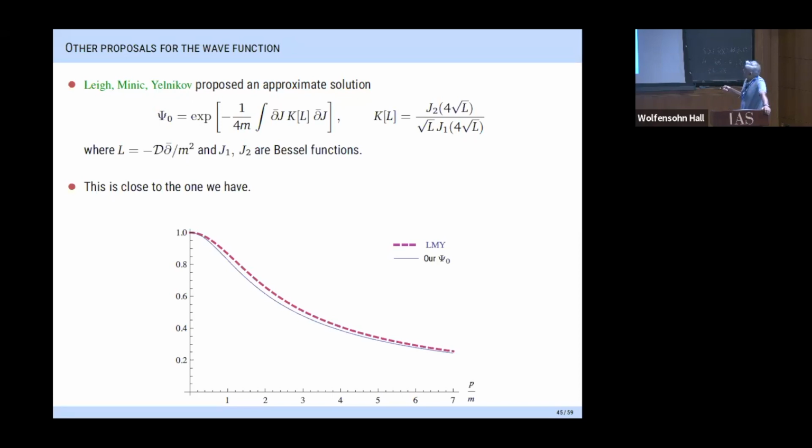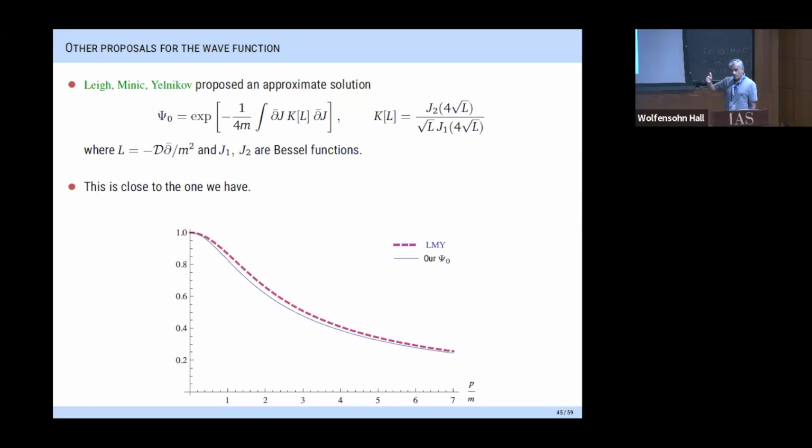You call this operator L, then a ratio of Bessel functions of these things is used. Now, if you ask me where it came from, well, there is an argument for that. They try to write it as a power series involving powers of L, and then they try to calculate the action of the Hamiltonian on it. The lowest order agrees with what I showed you before.